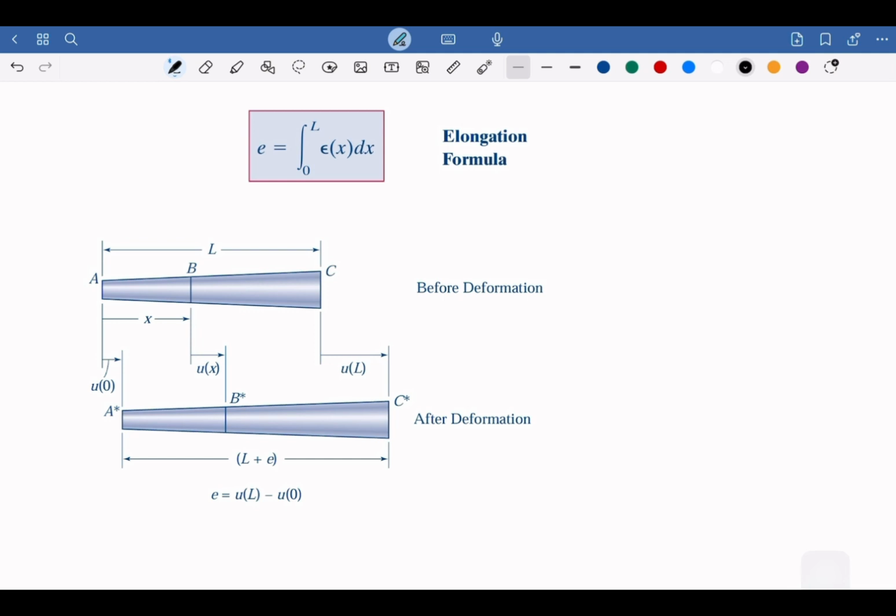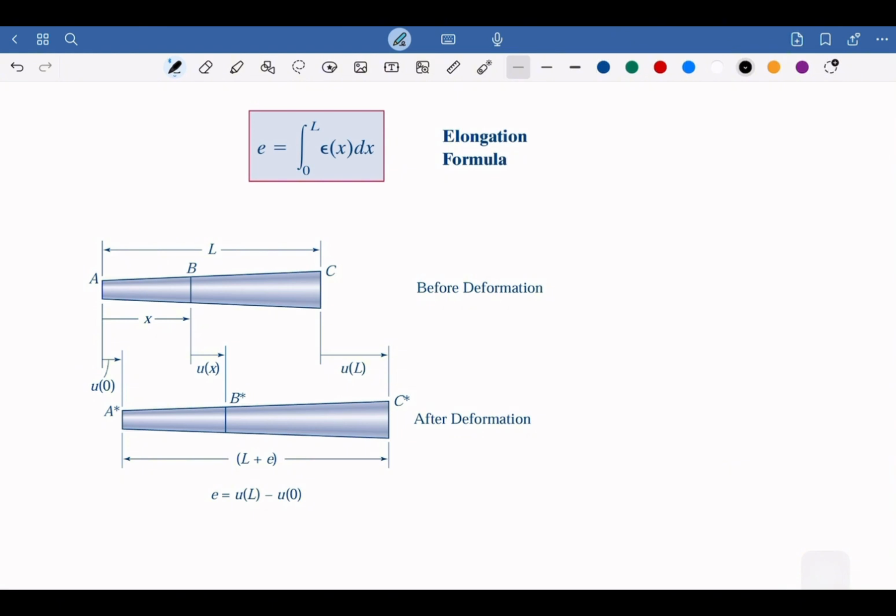Analytically it seems really detailed and perhaps a little complicated, but we are going to see that we can model this with oversimplifications, and that will be our method to deal with axial deformation.